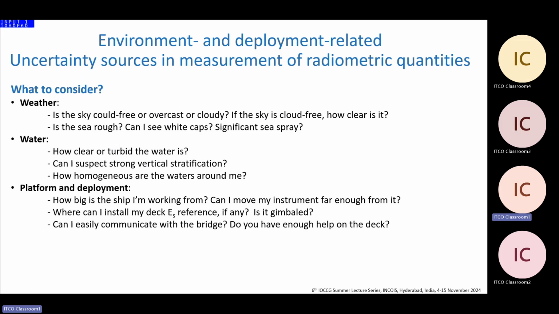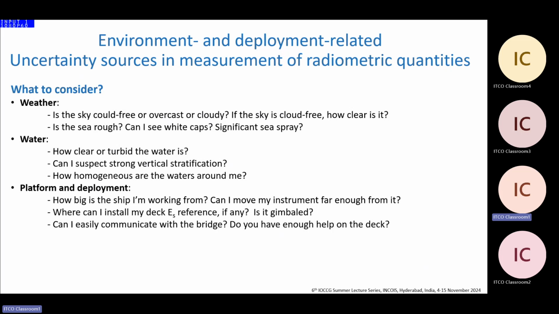Where can I install the deck reference for the above-water irradiance? Very often that's a difficult thing. It looks like, okay, just put it away from the ship, but sometimes the captain won't allow you to go to that very high place on the ship because it's risky, or maybe there is just no way to find any place on the boat. So that's a thing you need to consider.